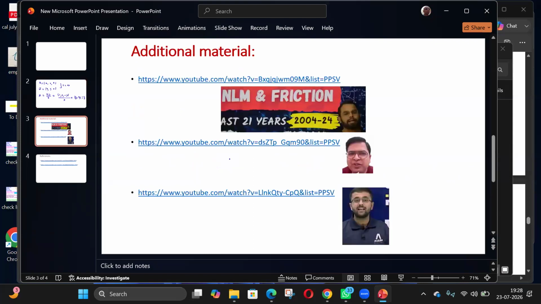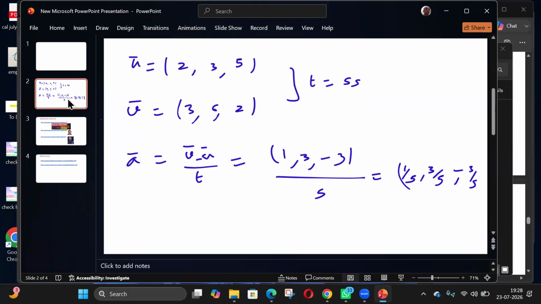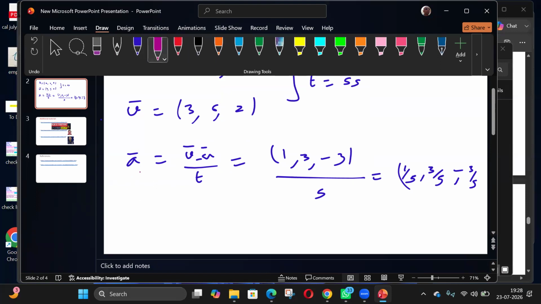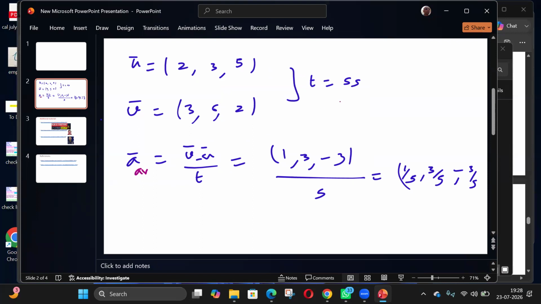But the important thing is this is average acceleration, not instantaneous, because the finite time interval gives an average over these 5 seconds. Instantaneous means the small change in velocity dv by the corresponding small change in time dt. To find it, the velocity at time t and at t plus delta t should be known. From these two I'll get instantaneous acceleration. If it is a finite time interval like this, then what I get is average.